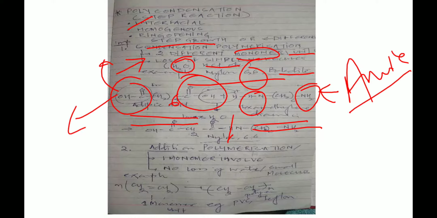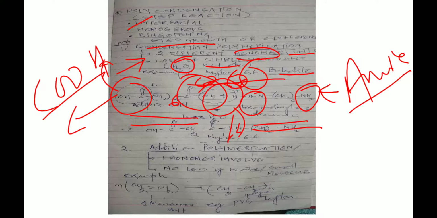This is COOH, the carboxylic acid. When these two are combined, the hydrogen is positively charged and OH is negatively charged. When these undergo reaction, water is released, and this product is formed.